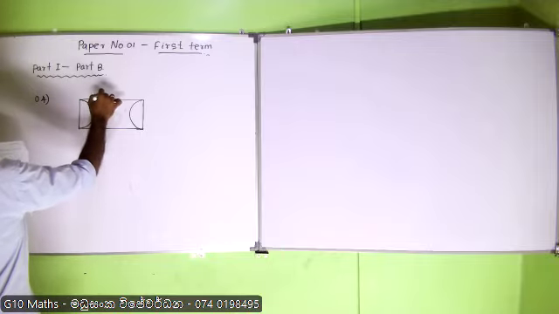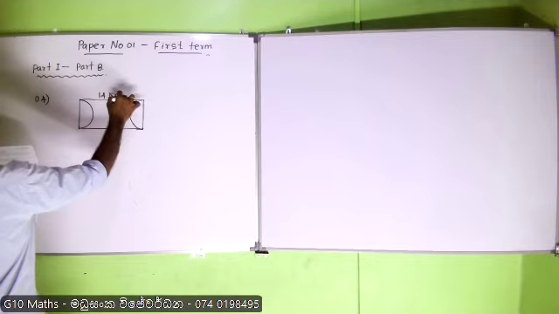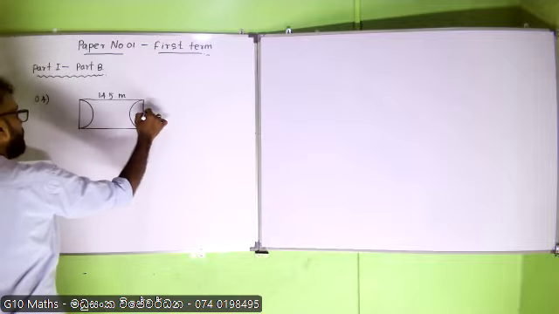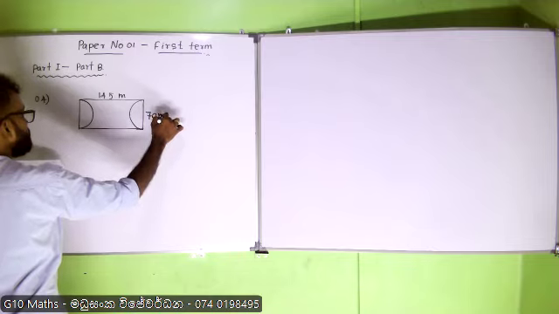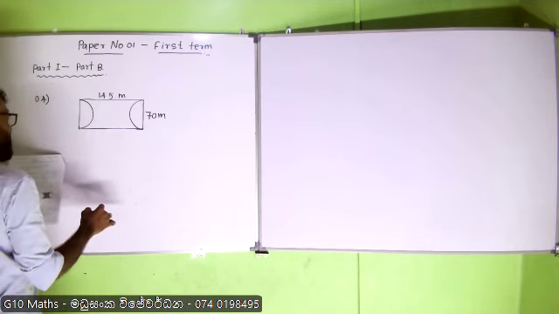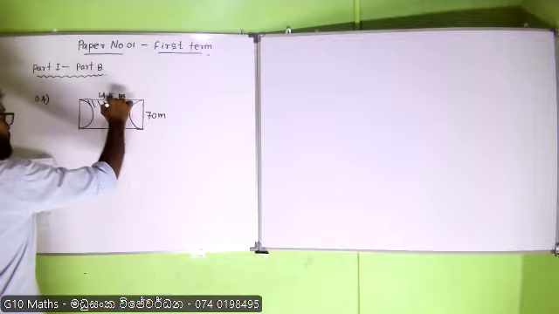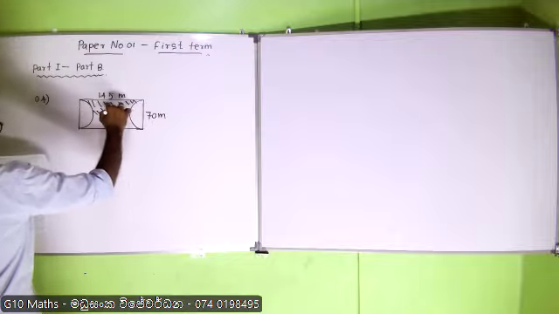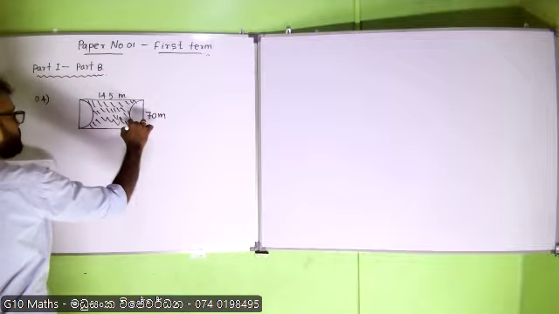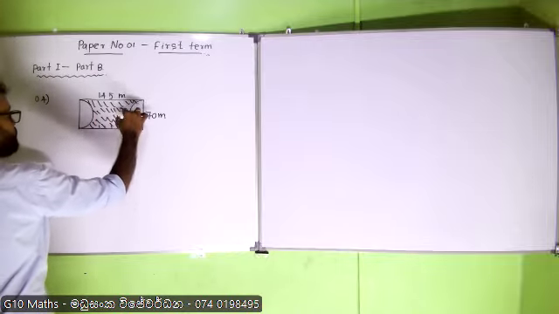Length of this side is 145 meters and this is 70 meters. Two semicircular parts have been removed from this rectangle, and this shaded part is the only thing that you have to deal with.